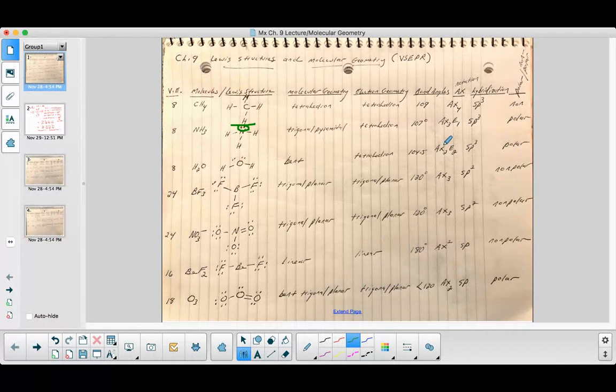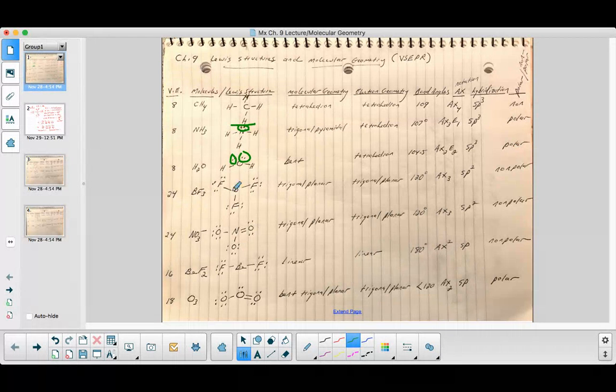A is for the oxygen, X2 is for the hydrogens, and then the E2 is for the 2 unshared pairs of electrons around the oxygen. Okay, and still, since I still have all of those bond sites, my hybridization is sp3, and now these unshared pairs make it really very polar.